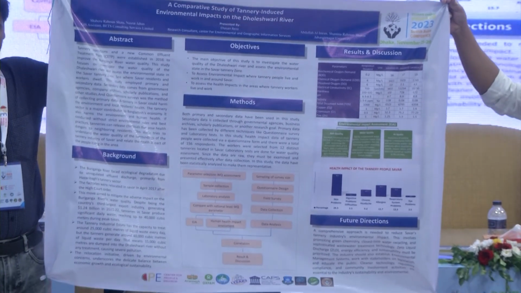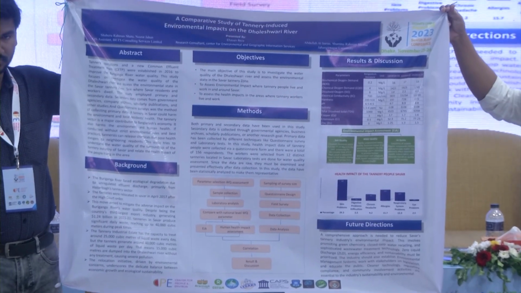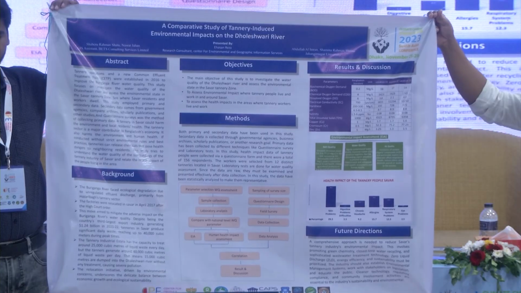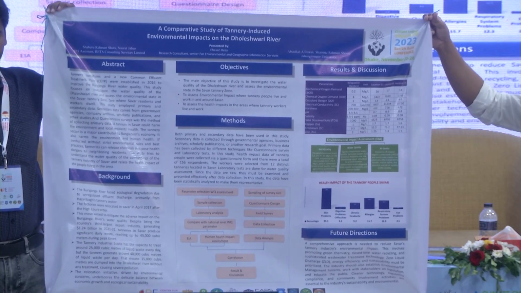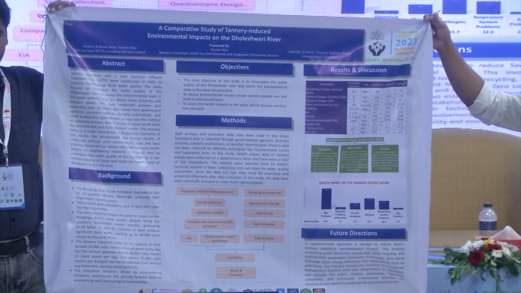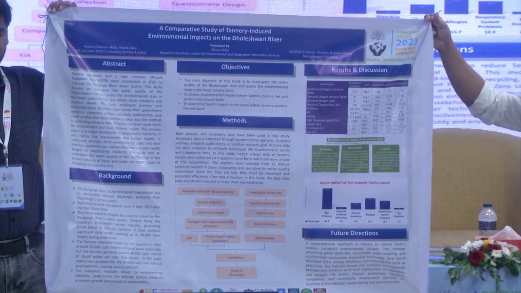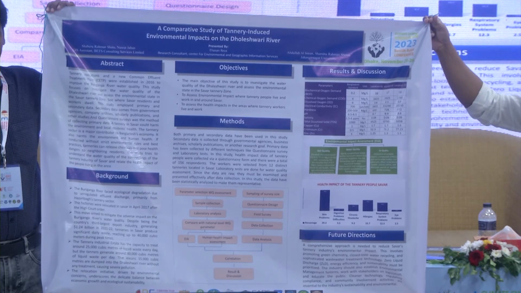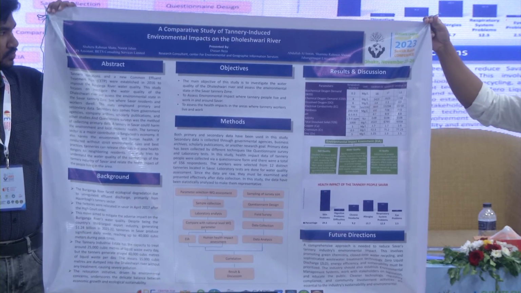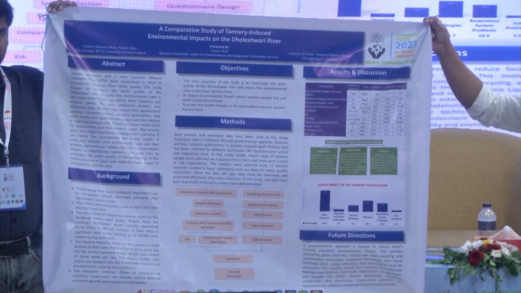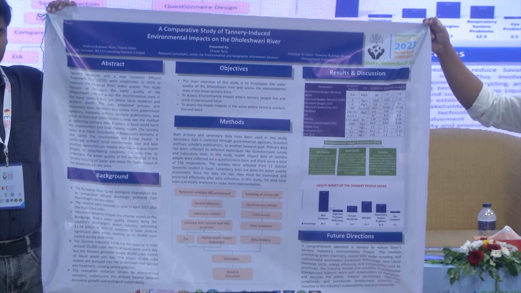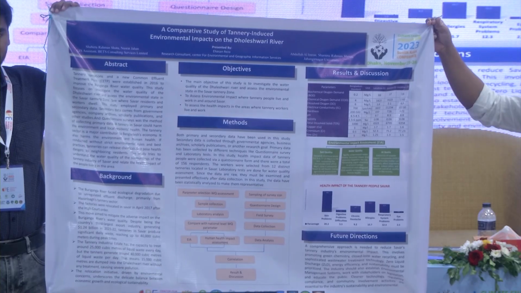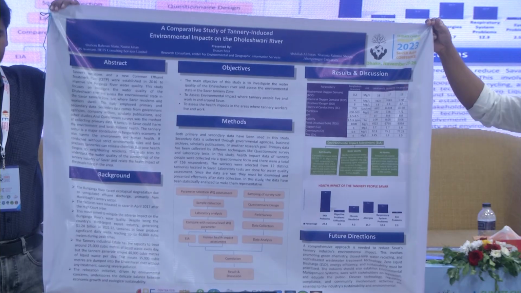The environmental impact, mainly focused on soil quality, water quality, and air quality, is also declining. The health impacts are also severe: skin problems and other chronic diseases are also high.